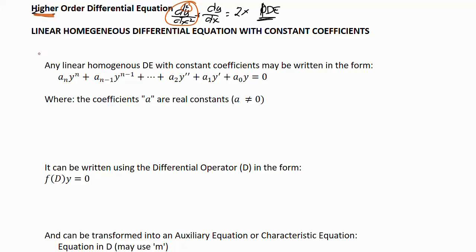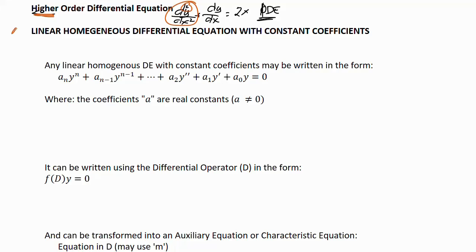So one of the topics regarding higher order differential equations is what we call the linear homogeneous differential equation with constant coefficients. If we have this kind of equation, then we can solve for its general or specific solution according to this method.